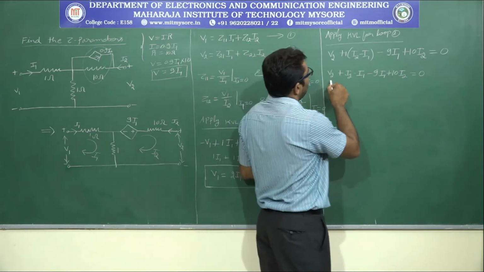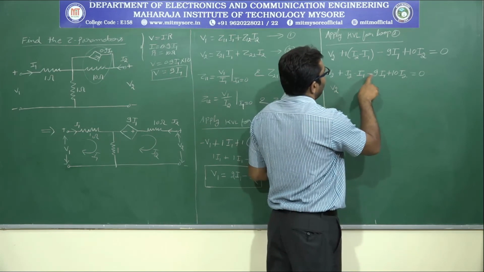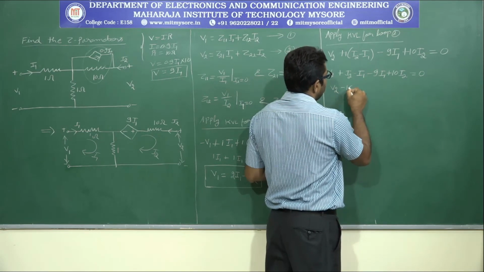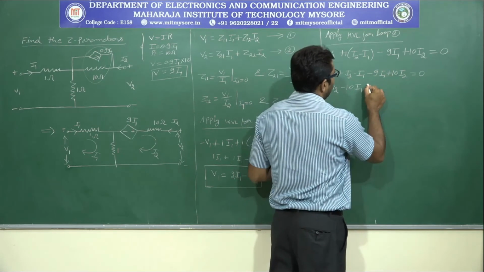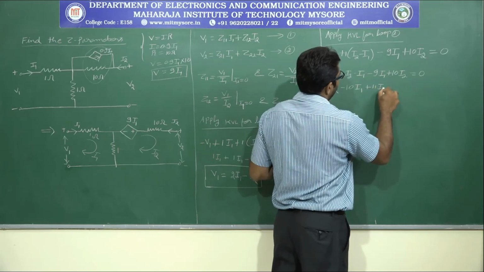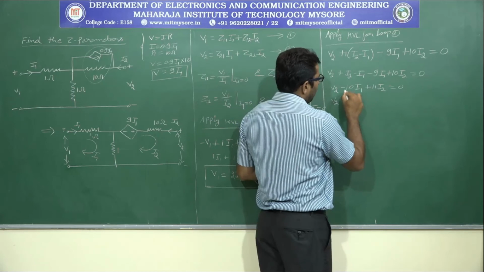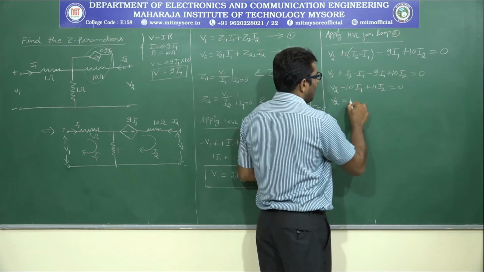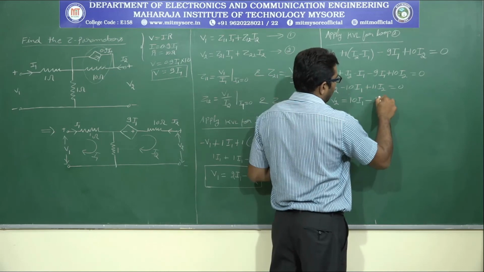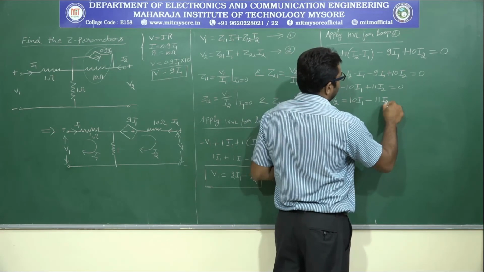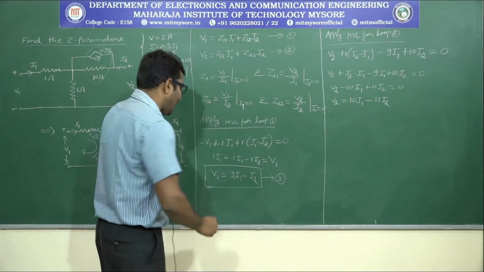So V2 minus I1 minus 9I1, that is minus 10I1, and I2 plus 10I2 is 11I2, that is equal to 0. Therefore, V2 is equal to, shifting to the right side, 10I1 minus 11I2.